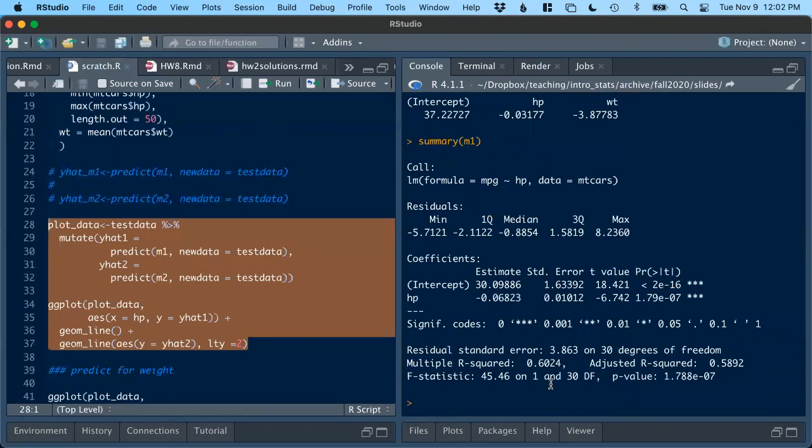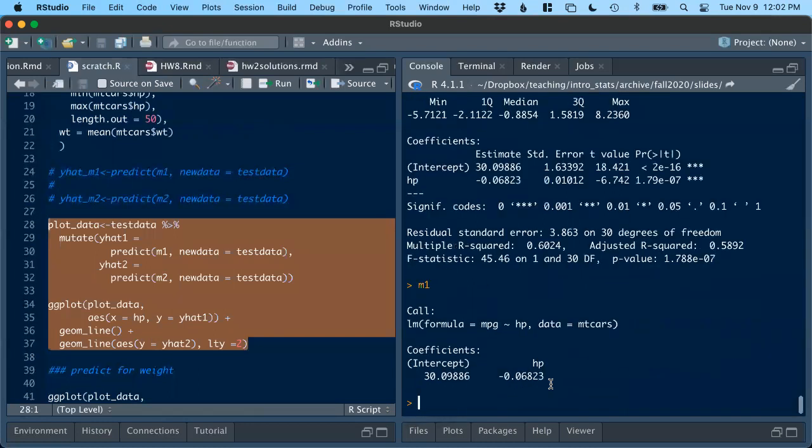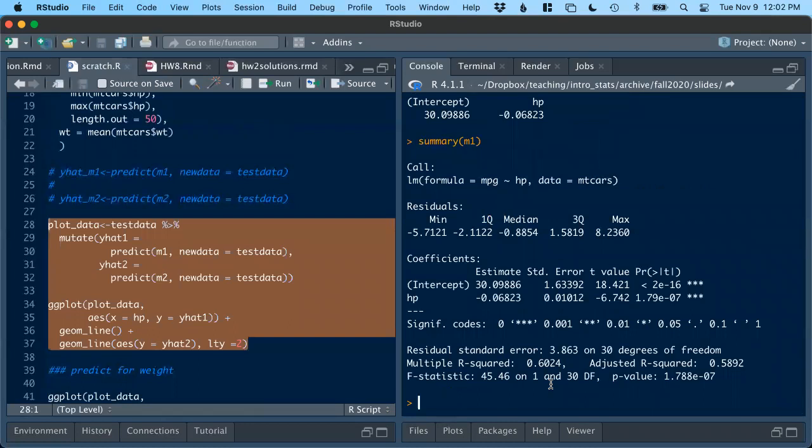I can use the summary function on M1 to give me a much more verbose presentation of everything in that M1 object. This is telling me way more than just this, right? When I do summary, it's going to give me this presentation. Now, there's a lot going on here. We have our formula.